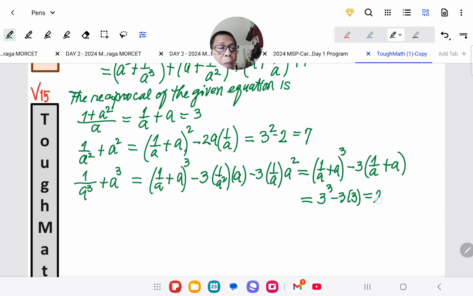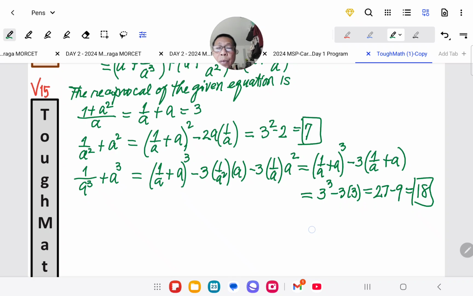This is 27 minus 9 equals 18. So we have these values.